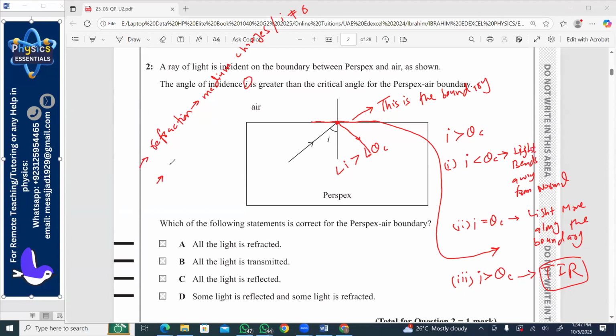And for reflection, it is opposite to that, no change in medium, and angle of incidence is equal to angle of reflection. So this way your option is going to be C.